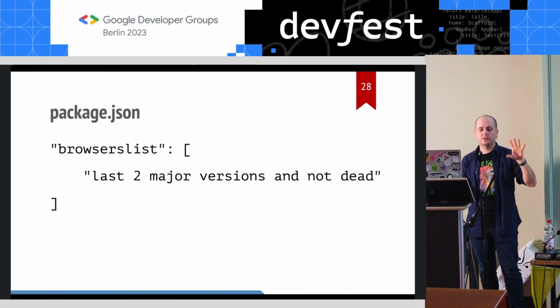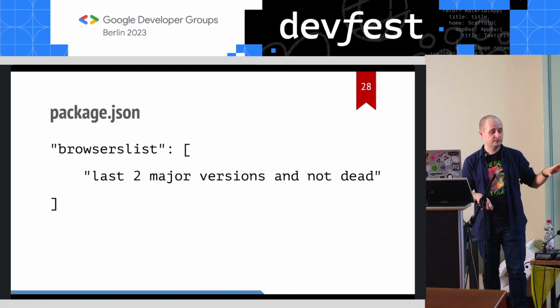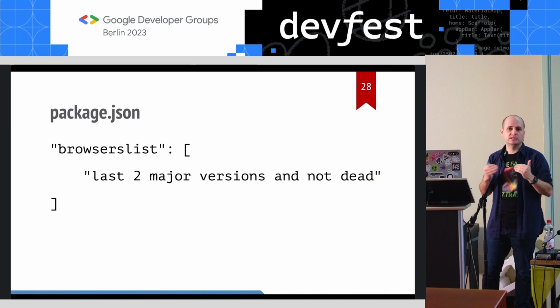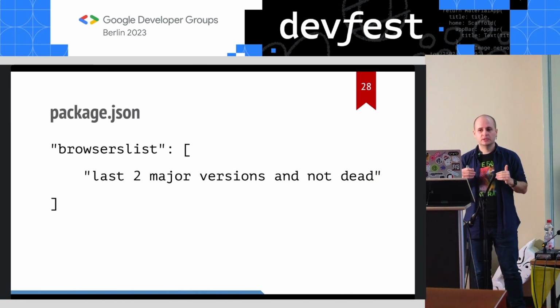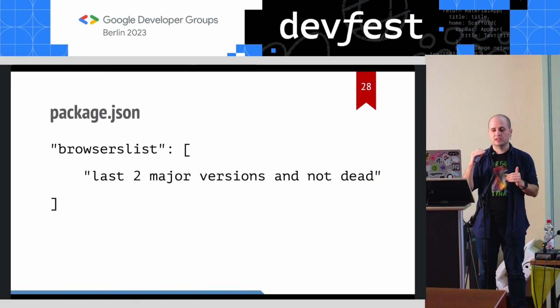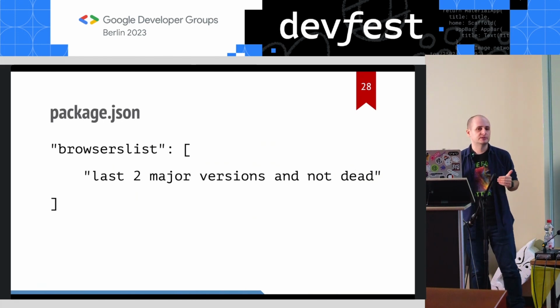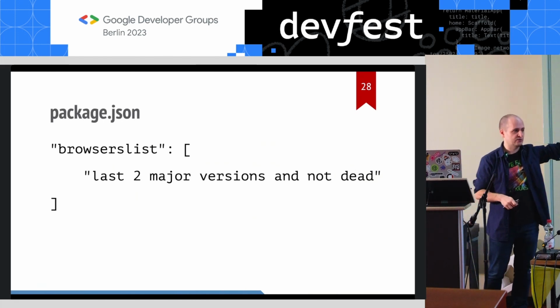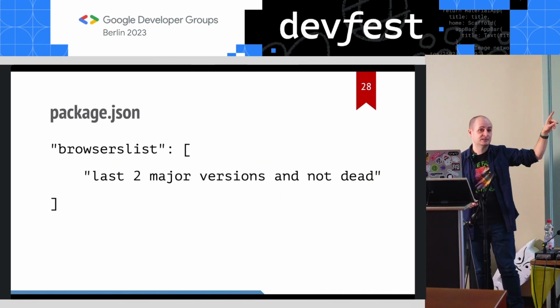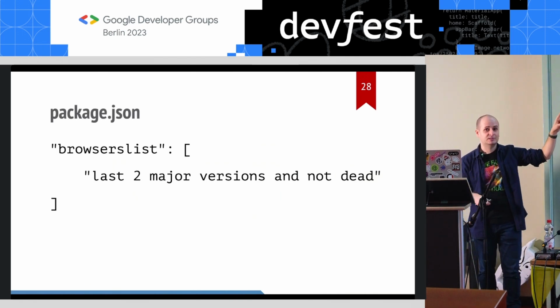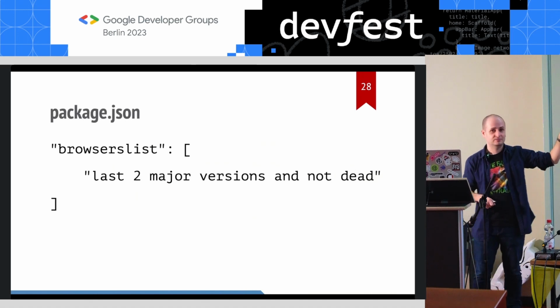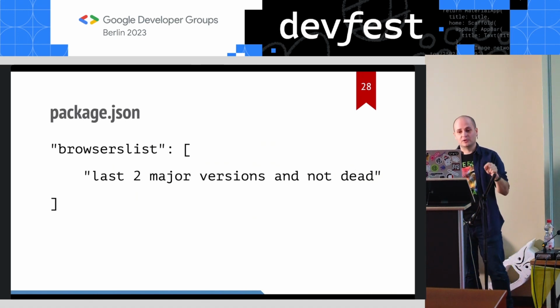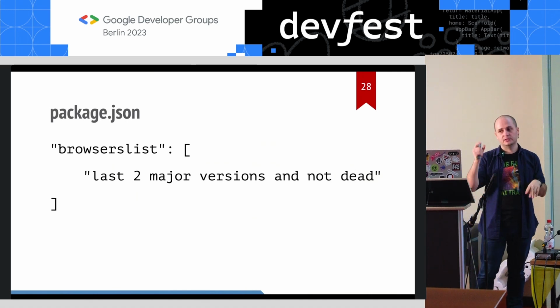Browserslist is not related to baseline in any way, but they use a similar idea. So you can put in your browserslist something like last 2 major versions and not ie 11. By the way, not ie 11 is very important because the last major version of Internet Explorer is 11, and you don't want to support IE 11 in your code. Seriously, you don't. So make sure if you use browserslist, you put not ie 11 at the end.